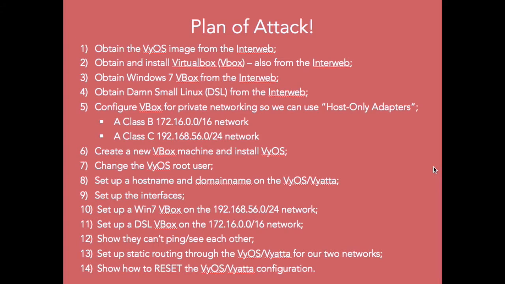We're then going to show, perfectly naturally, that they can't ping each other because there's no routing. Then we're going to go back onto our Vyatta and set up static routes on our VyOS for those two networks. And then we're going to show how you can ping those machines because our Vyatta will be acting as our router.